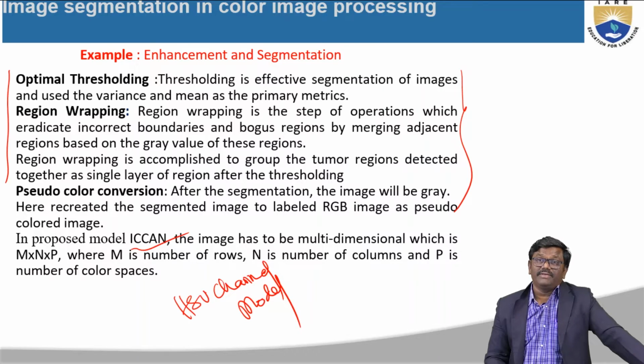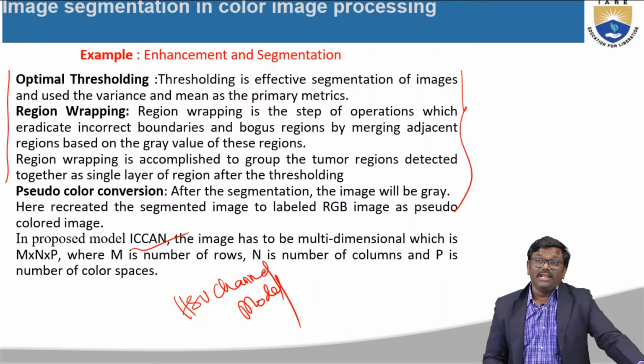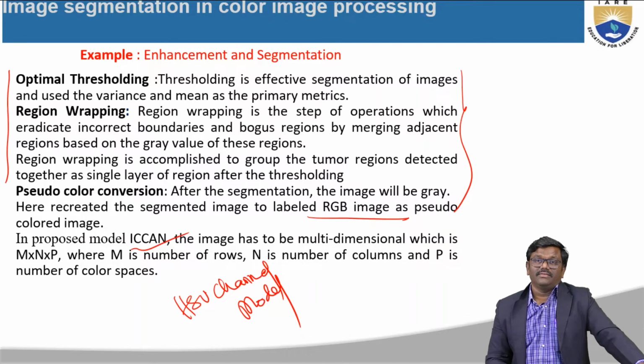So region mapping is accomplished to group the tumor regions detected together as a single layer of region after thresholding. Where we compare optimal thresholding and region mapping to pseudo color conversion is that after the segmentation, the image is gray, and the segmented image is recreated to a label RGB. RGB means color, as in pseudo color image processing.